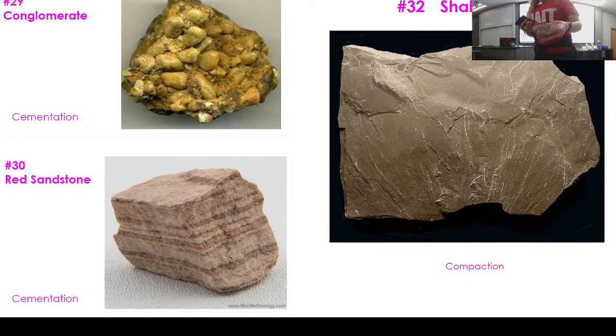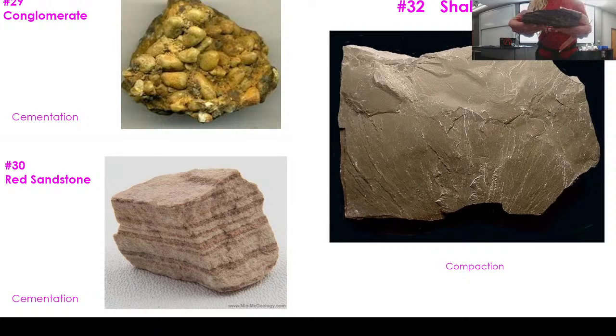So again, there's your conglomerate. And that is cementation. These rocks have been cemented together. It's harder to see, can you see this okay here? This red sandstone has small particles within it, which are also cemented together.